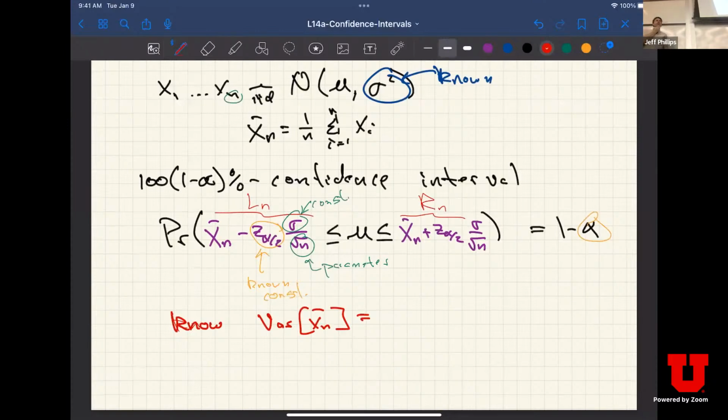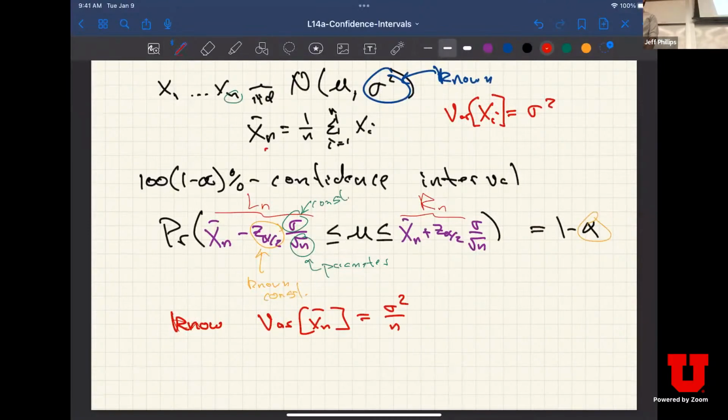I know this from the central limit theorem. Not sigma, I need the variance. I know the variance of xi is sigma squared, that's given to me here. So the variance is sigma squared over n.